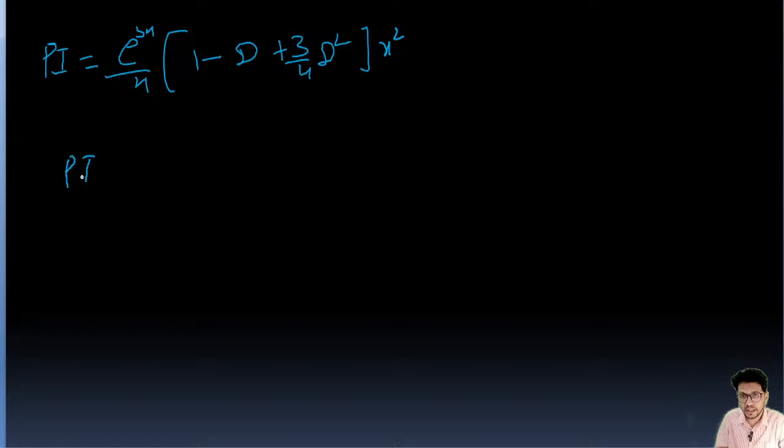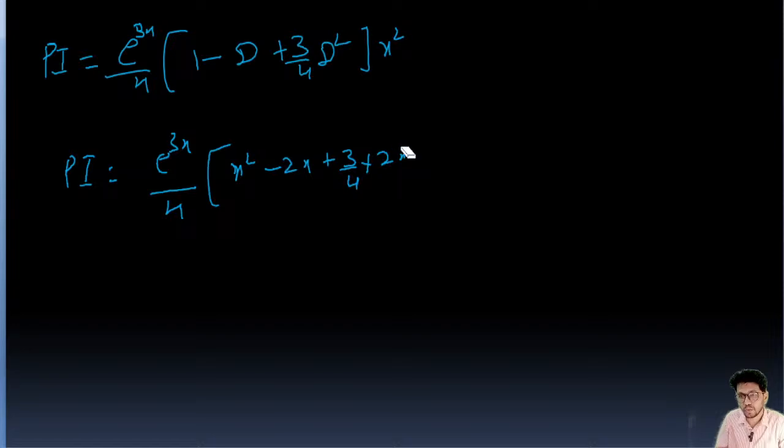So PI is going to be e to the power 3x upon 4, and we will differentiate it. So this is x square, we will differentiate x square, this is going to be minus 2x, and this is going to be plus 3 by 4 into 2, because we differentiate x square 2 times, so this is going to be 2.